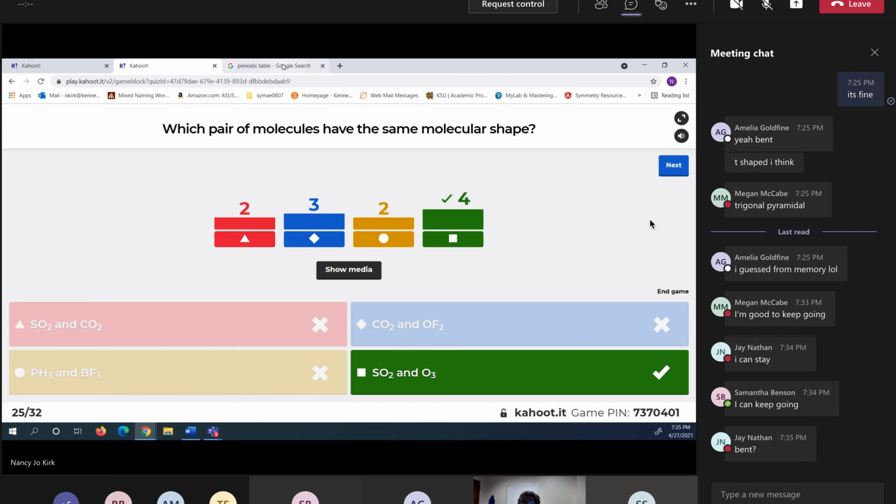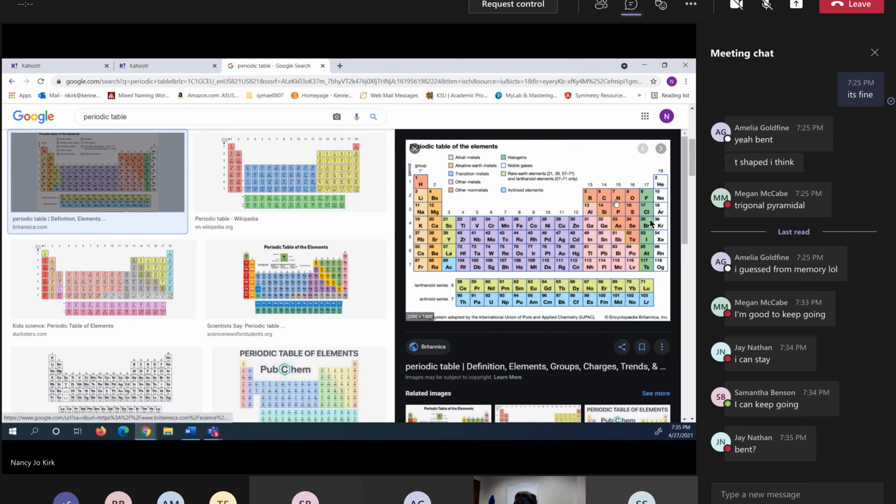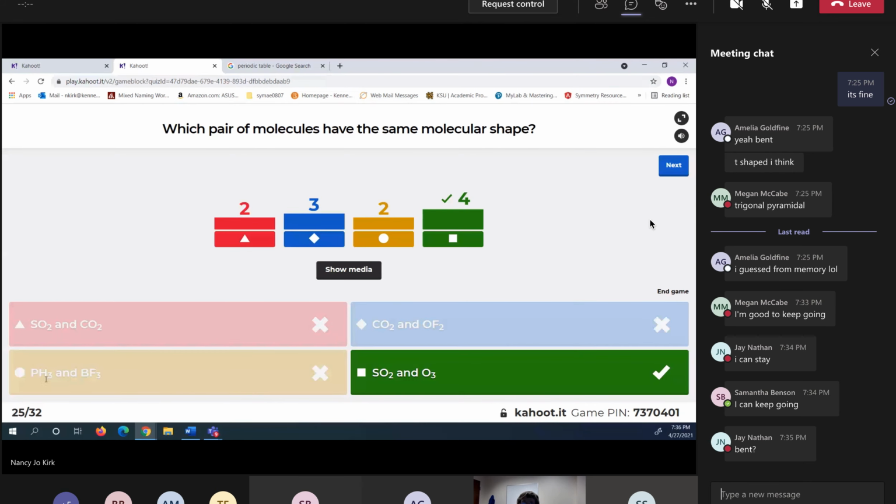Phosphorus: we just said that nitrogen bonded to 3 things is a trigonal pyramid, and phosphorus is right under nitrogen. So if it's bonded to 3 things, it's going to be a trigonal pyramid.